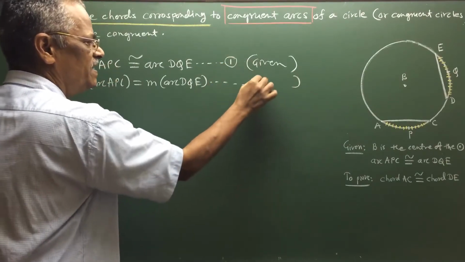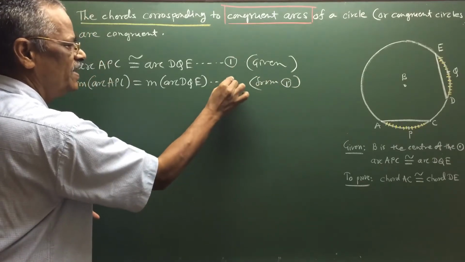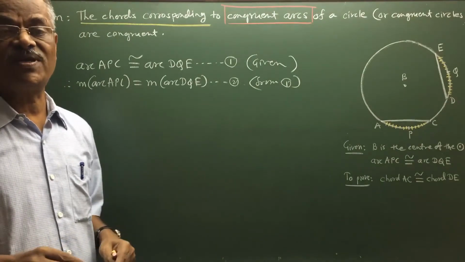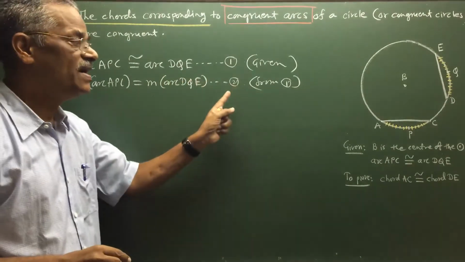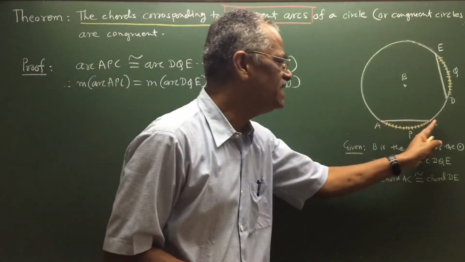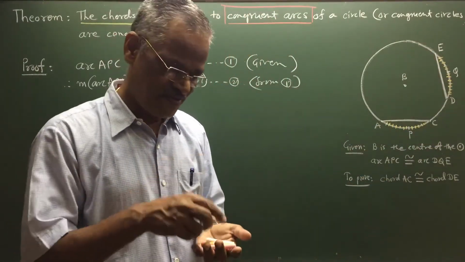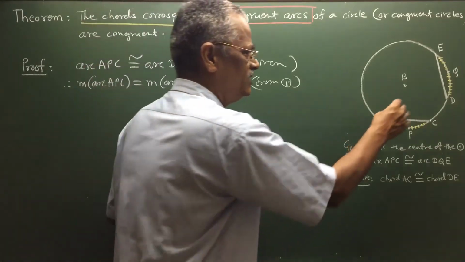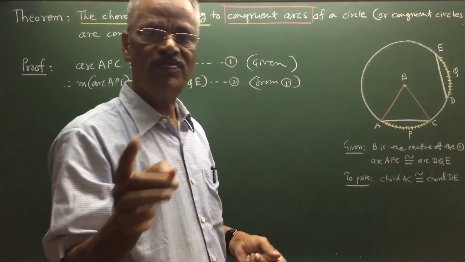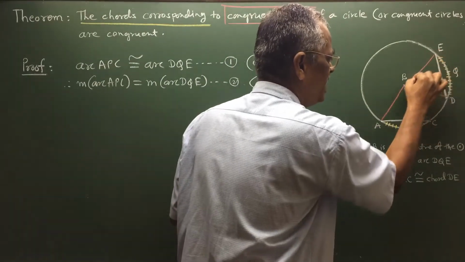We can number these statements 1 and 2. Measures of both arcs are equal. Now we have to show that chord AC and chord DE are congruent. For that, join BA and BC, radii of the same circle, and join BD and BE.